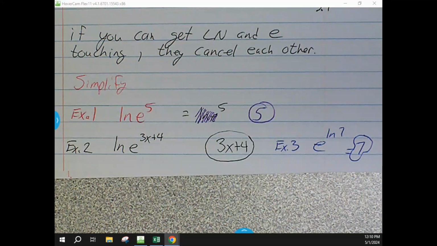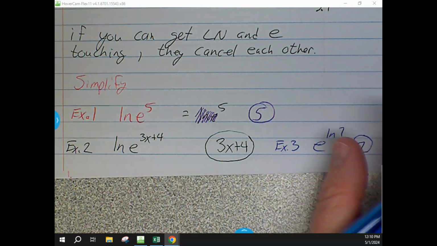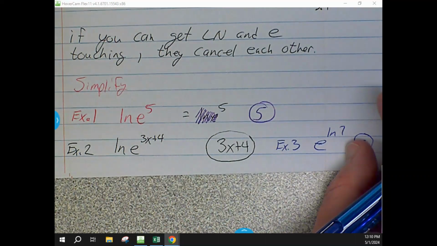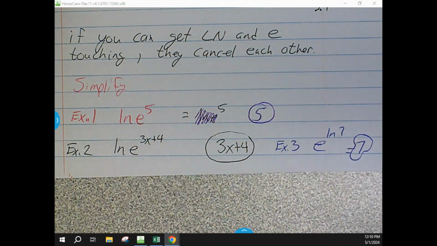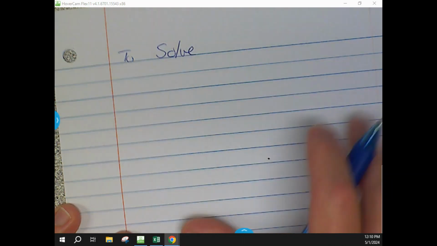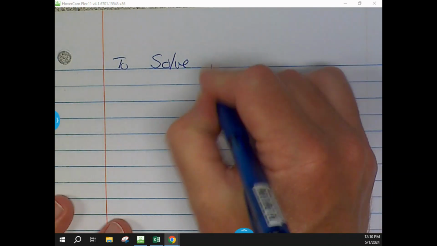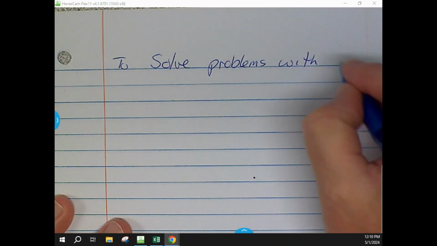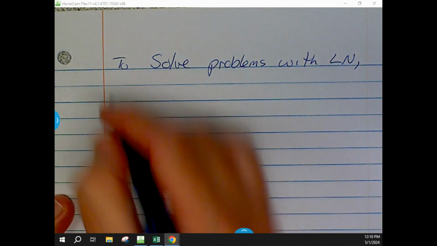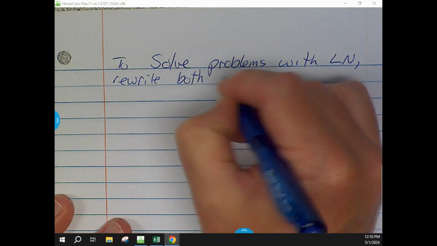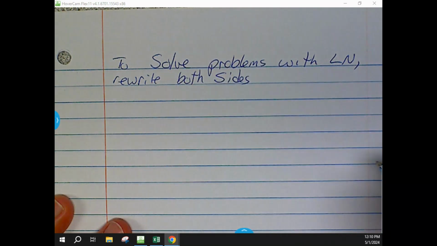All right, now where you actually use that in solving. So that's the simplifying part. Again, you'll have a few questions like that where it'll just say simplify. So you just tell me whatever your exponent is, basically. When you're actually solving, so to solve equations with ln, we're going to rewrite the equation so that both sides have e for the base.